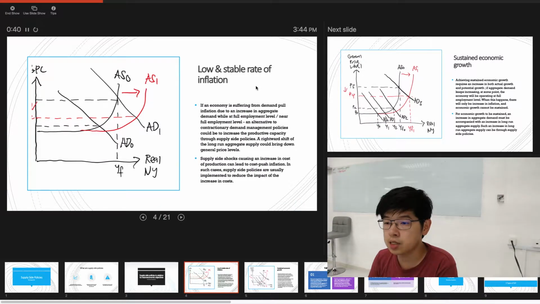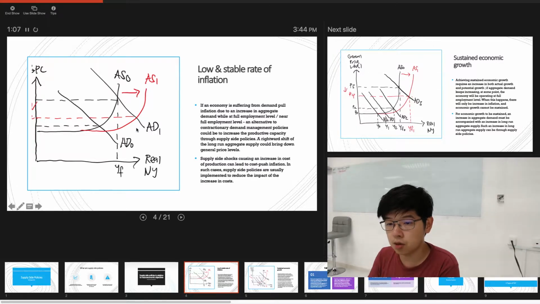Now first, let's look at low and stable rate of inflation. If an economy was experiencing demand pull inflation because of an increase in AD while the economy is operating at full or near full employment level, say you were previously at AD80, you move on to AD81, now you're at full employment level. So if you're at full employment level, then your prices will be quite high.